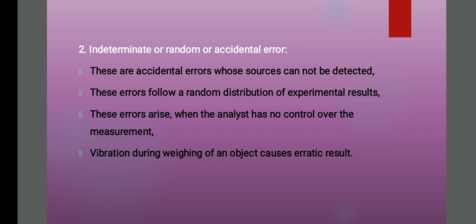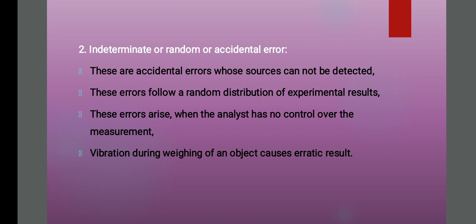We can't determine from which source this error has come, and this is because it follows a random distribution of the experimental result. These errors arise when the analyst has no control over the measurement. Mainly vibration during the weighing of the object causes erratic results. So these are said to be indeterminate errors.